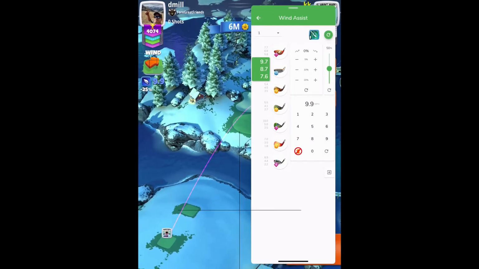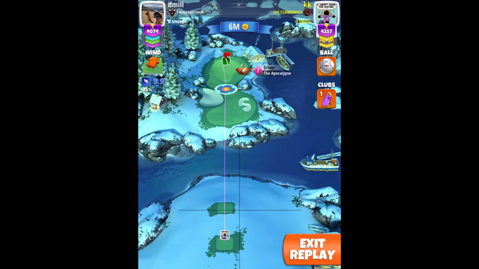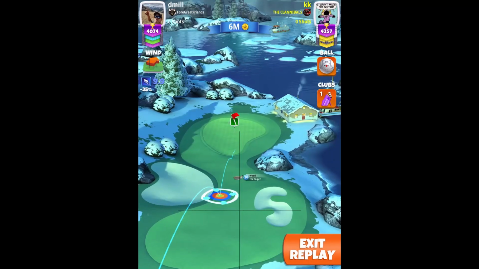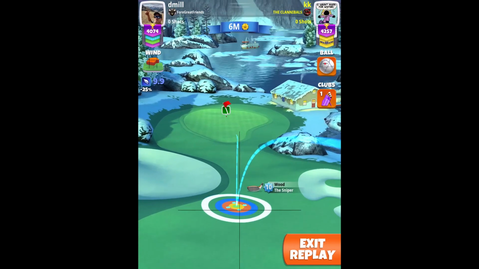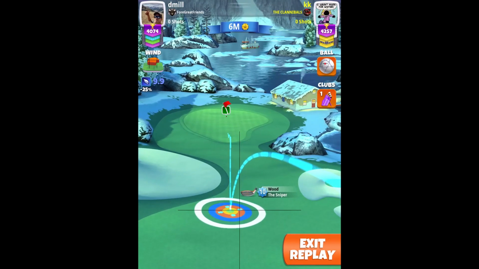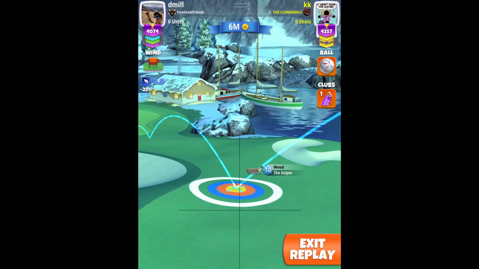Here's a left to right tailwind crosswind. And I'm gonna do 1 left spin and about 2.6 top spin. Plus 20% mid.